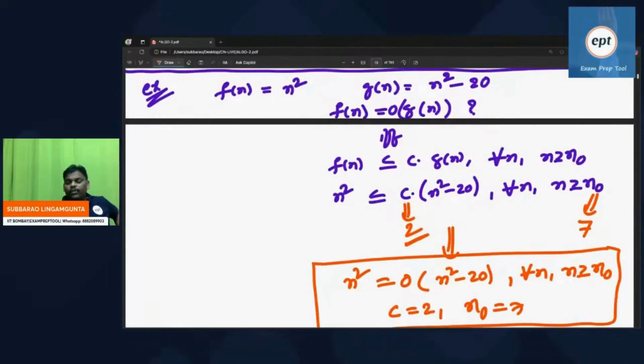Remember, comparing left and right, right will be bigger by taking the help of a constant. That is called big O. Some people are asking, what is big O?